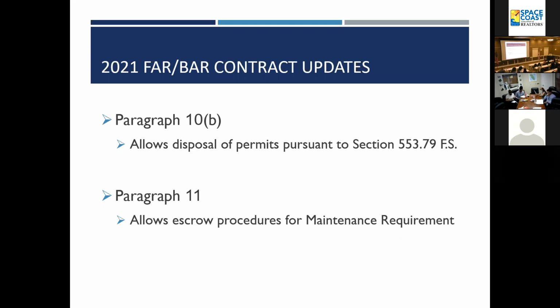That paragraph has always been there: if prior to closing the maintenance requirements had not been met, then there's an escrow procedure. All they did was refer to that so people would be aware that if you didn't meet the maintenance requirements of paragraph 11, there is already an escrow procedure in paragraph 9A. So again, it's more of a reference than an actual substantive change.